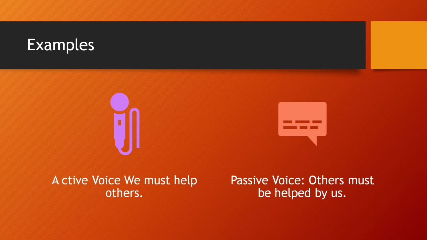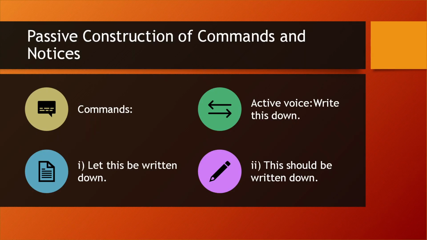The base form of the be verb is inserted between the modal and the main verb in passive voice. And the main verb, which is help, changes into its past participle form, that is helped. So that's the structure. Modal plus be verb plus past participle, or the third form of the main verb.